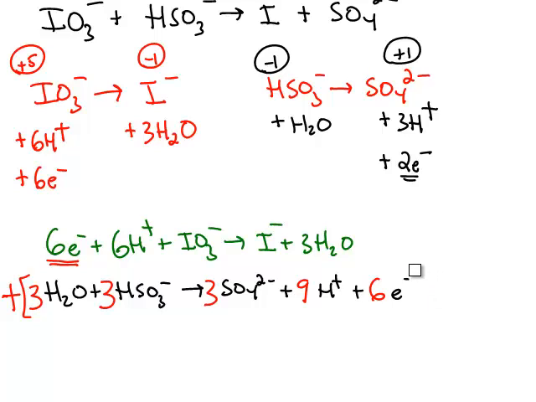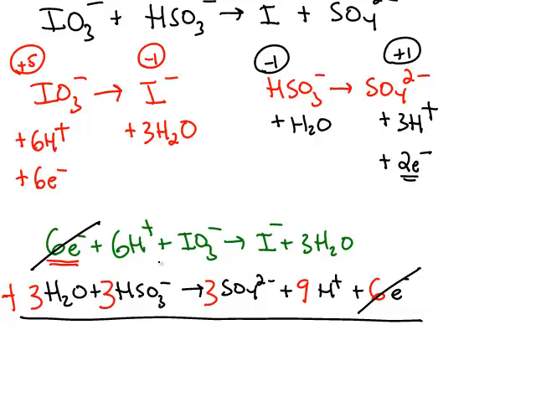And so after I multiply by 3, now when I take my two half reactions, I can add them together, and the first thing I'm going to double check is 6 electrons lost cancel 6 electrons that are gained. I can also simplify: 3 water cancels with 3 water. 6 H plus will leave me 3 H plus on the product side, and so I'm left with the overall reaction.